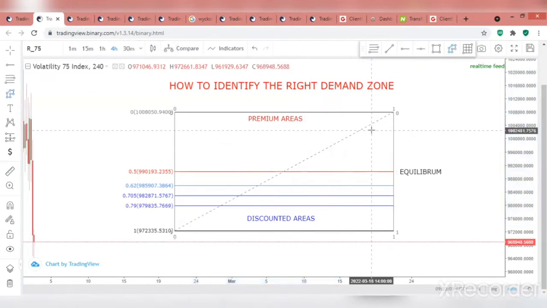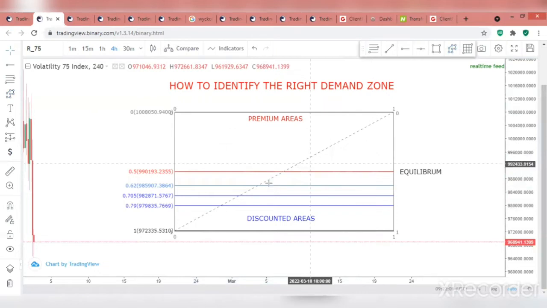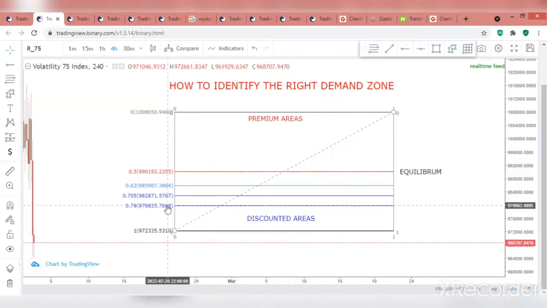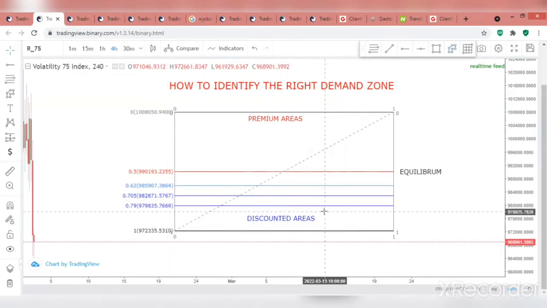And if you look at my Fibonacci, I don't call it the golden zone, or let me say this is the original golden zone, as the retail people refer to some areas as the golden zone. I have my own areas where I actually look out for. I use them as a confluence to identify my high probability demand zones in the market.